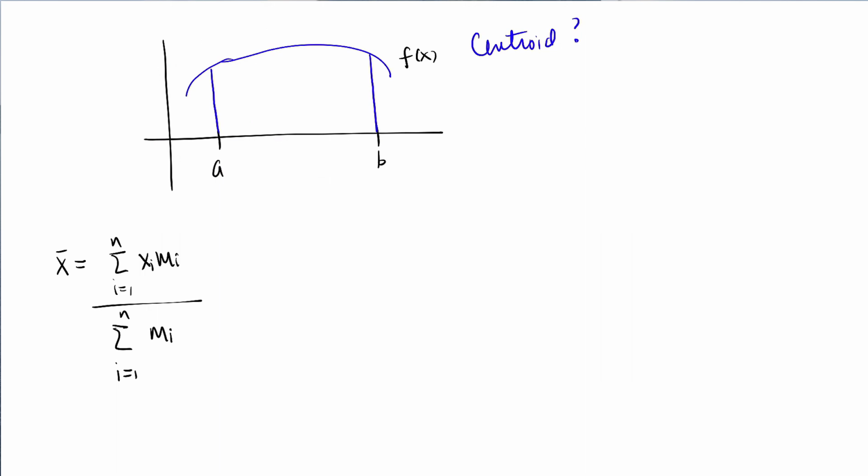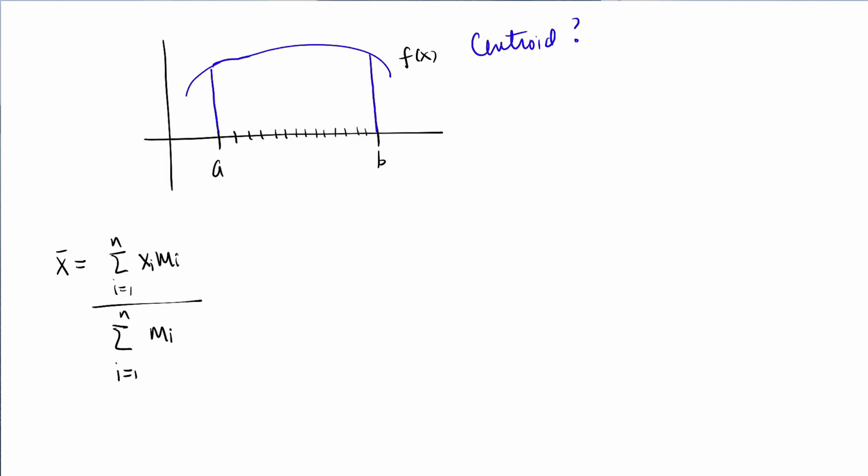The idea is we're going to do what we always do. Instead of looking at this whole graph, we're going to split it into a bunch of little subintervals, and then we compute the mass of one of the rectangles and add them all together.